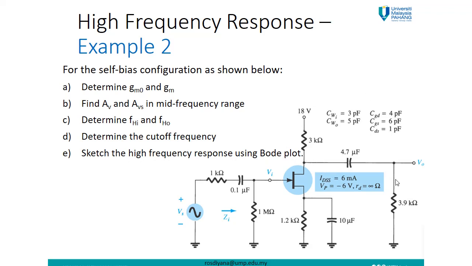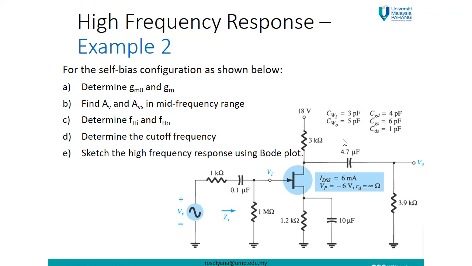So refer to this figure. There are values for the CW in, CW out, CGD, CGS, and CDS.